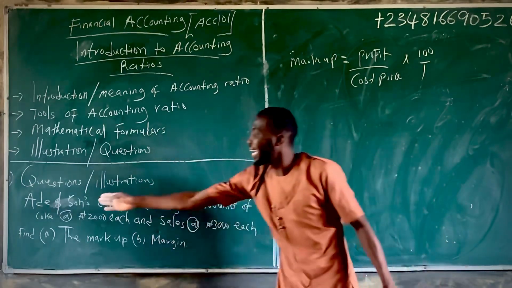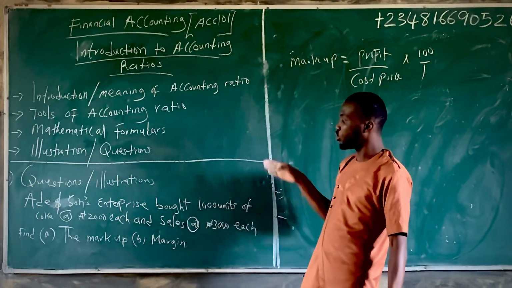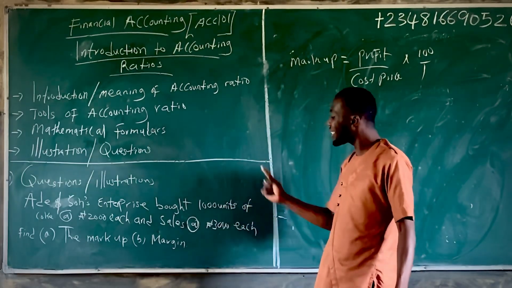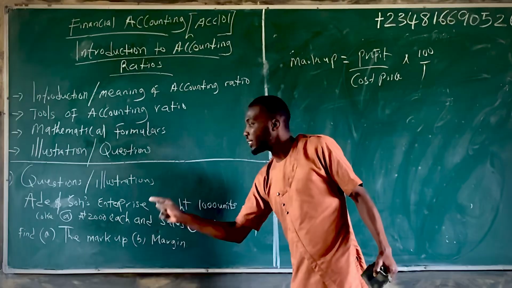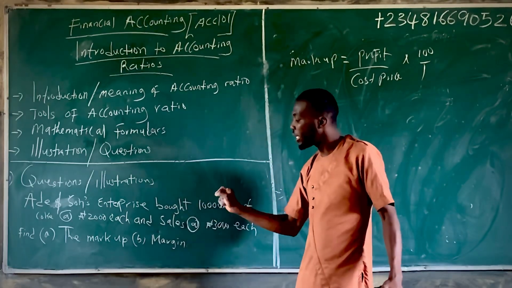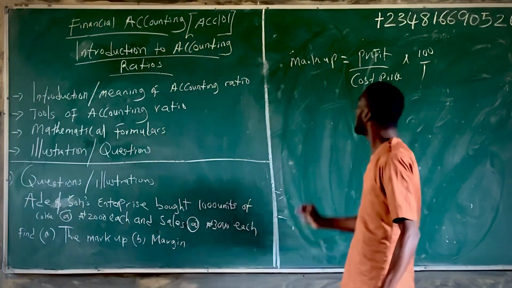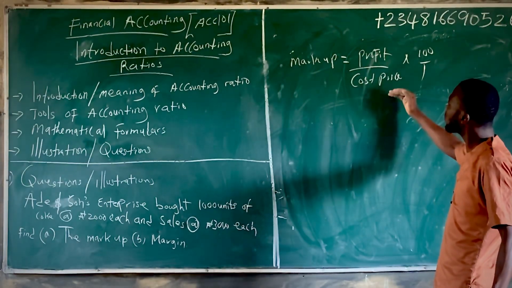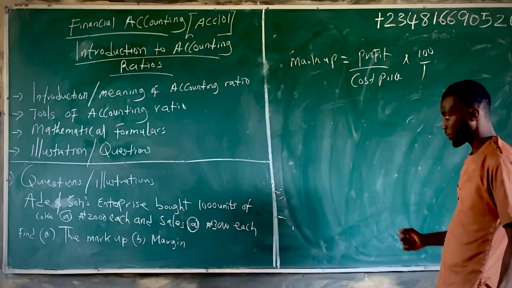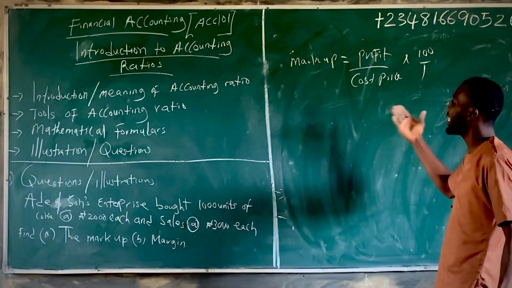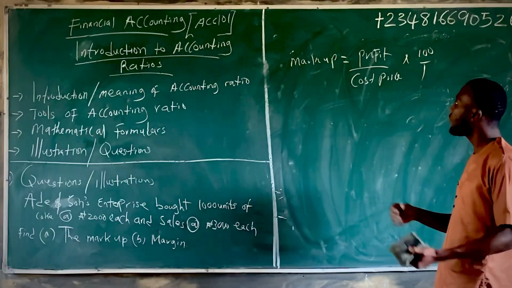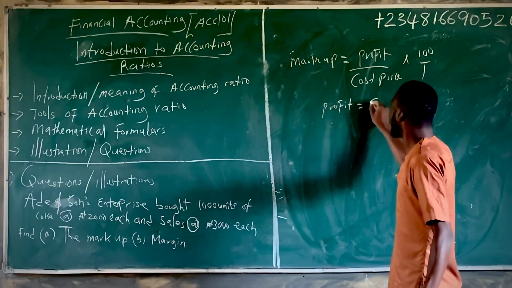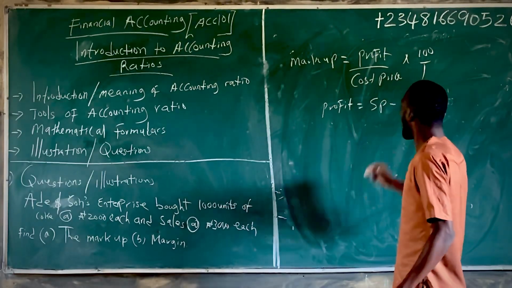The question is, Ade and Sons Enterprise bought 1,000 units of coke at 2,000 naira each and sells at 3,000 naira each. Find A, the markup, and B, the margin. Now, I know that the formula for markup is profit over cost price times 100 over 1. How do we determine our profit? We know that profit is always your selling price minus cost price.